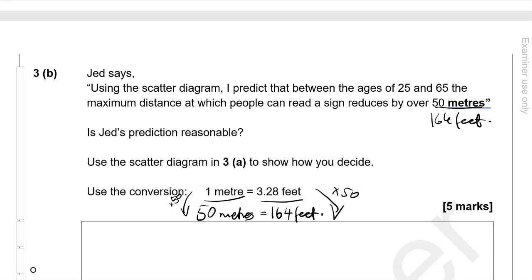Now let's predict the distance at the ages of 25 and 65. Work out the difference and see if that is over 164 feet.